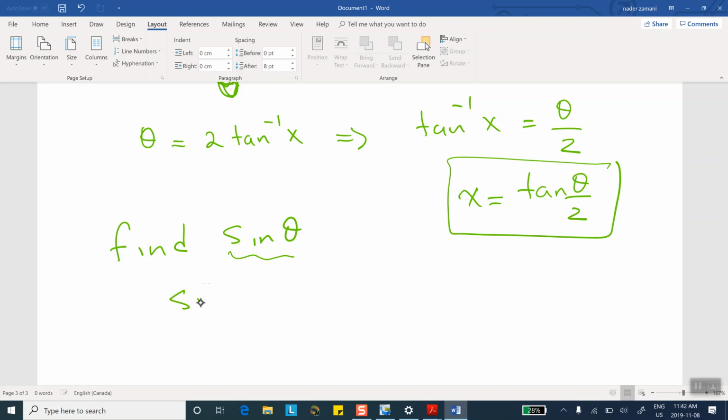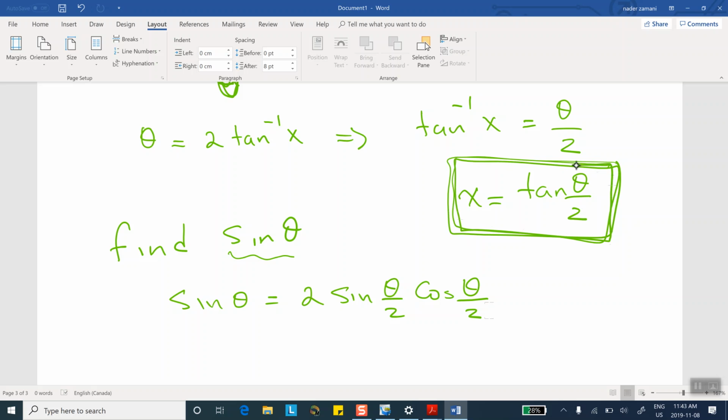Let me write sine of theta equal to 2 sine of theta over 2 cosine of theta over 2. Good. So if you look at this expression, it tells you what tan of theta over 2 is, but it doesn't tell you what sine of theta over 2 or cosine of theta over 2 are.